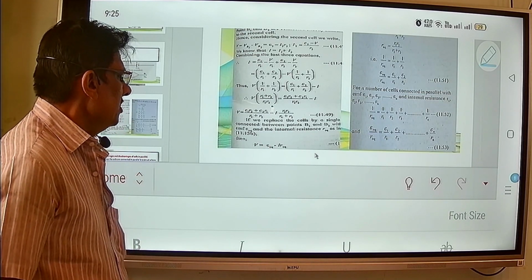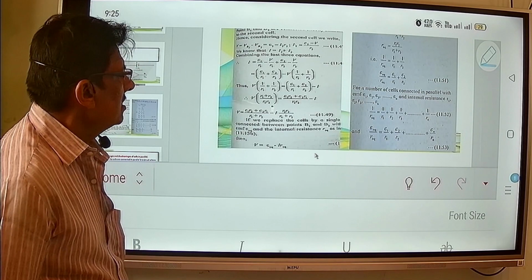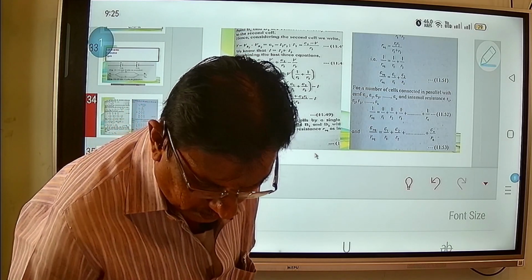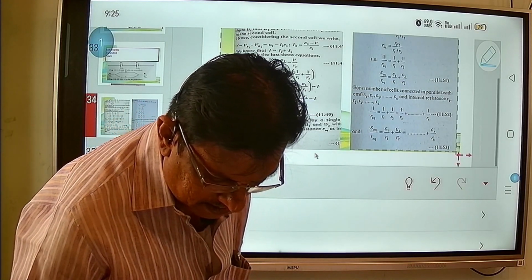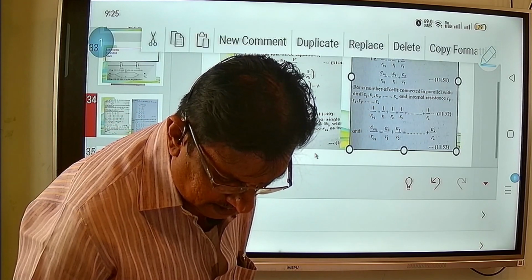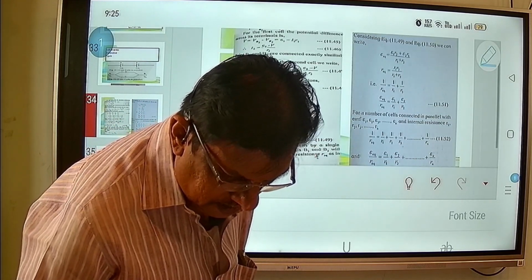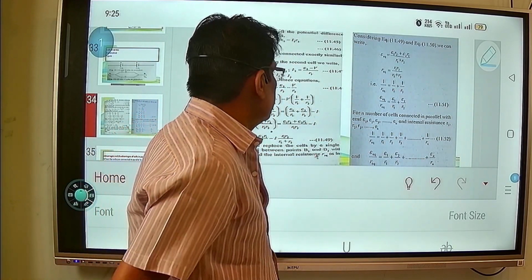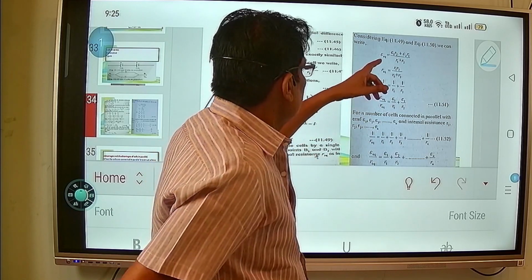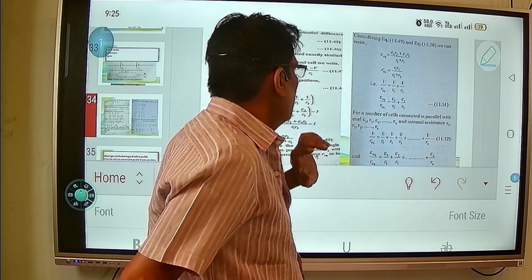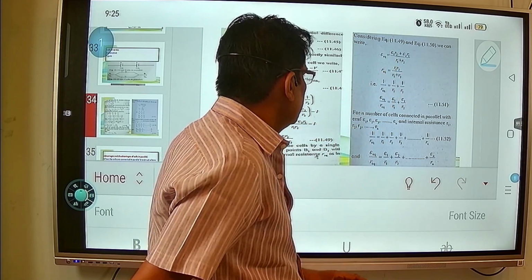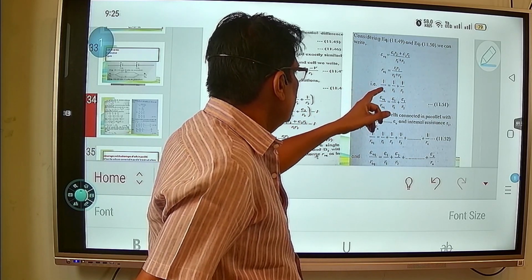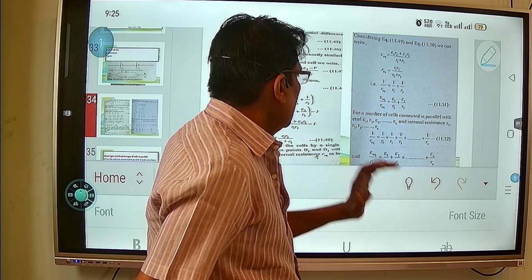V is equal to E equivalent minus I R equivalent. Focusing on the two equations, we have got E equivalent and R equivalent, and R equivalent simplifies like this: 1 upon R equivalent is equal to 1 upon R1 plus 1 upon R2.